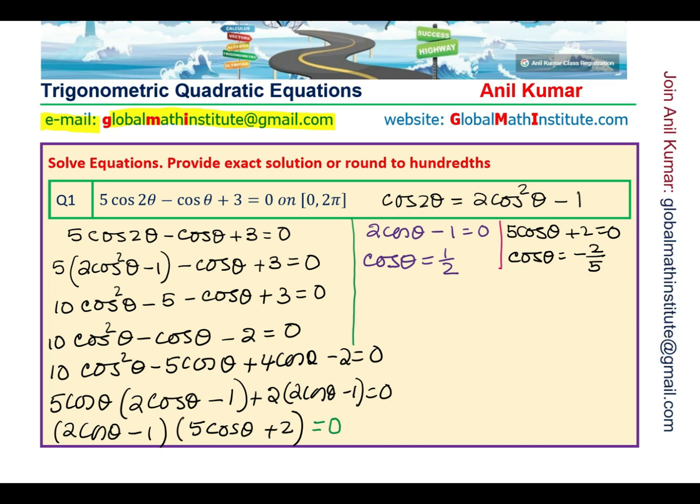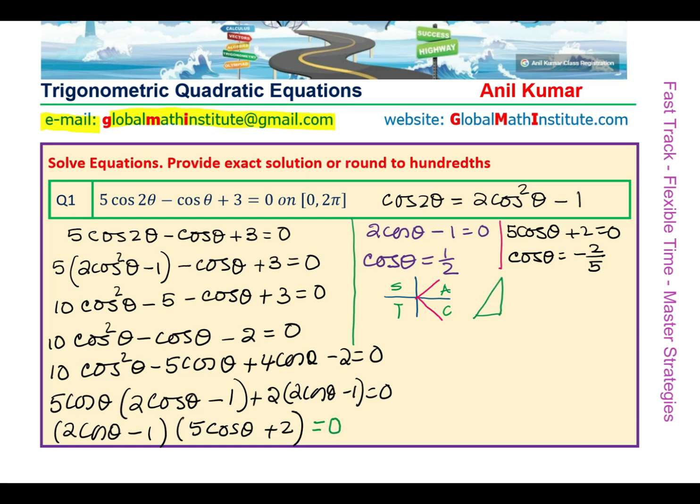So now, for cos theta equals half, we'll have two solutions, which will be in which quadrants? Well, this should be in quadrant 1 and 4, right? Since cos is positive in these quadrants, you can write down the cos rule. Secondly, for half, we can also use the special triangle.